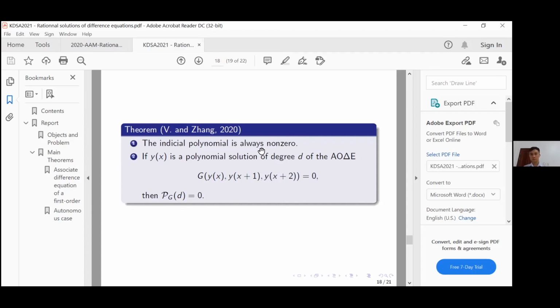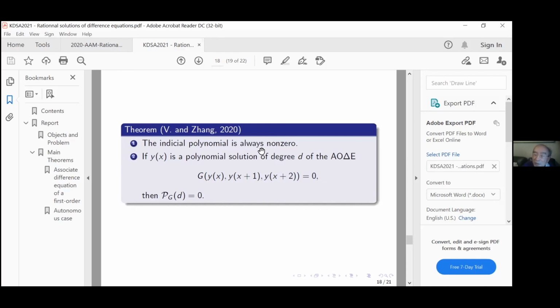Is there any bound on the degree of P sub G, the initial equation, where you get a constant? How many constants can you bound?